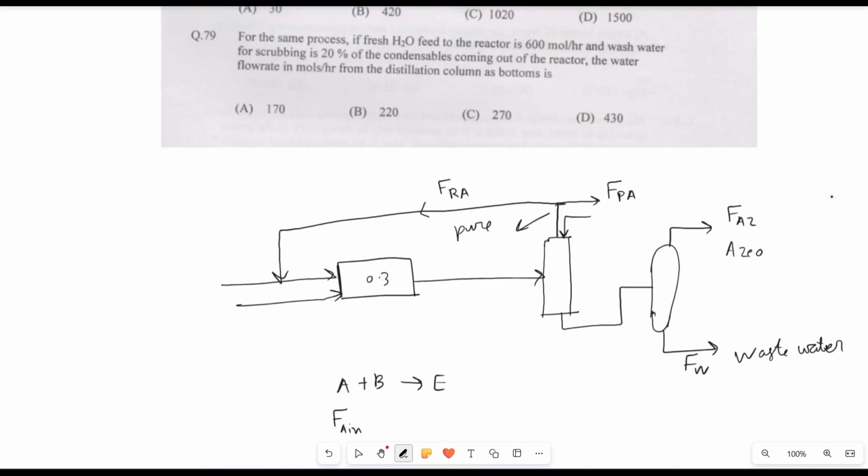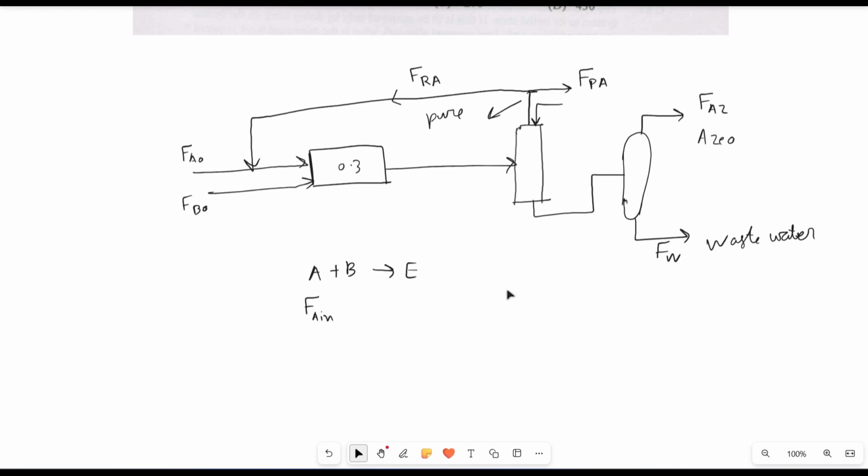Let the feed be FA naught and FB naught. FA in is part of the feed, and B is FB naught. There is no ethanol at the inlet of the reactor, and after reaction the conversion is 0.3.